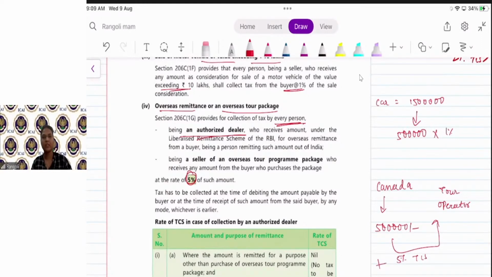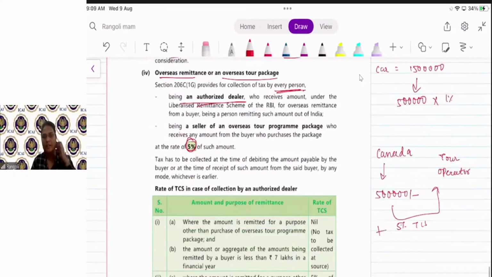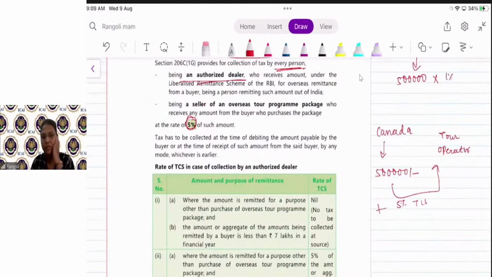And another is, say for example, if you want to remit any amount outside India, say you want to remit 10 lakh rupees to USA, so you need to purchase USD, right? In that case, at the time of conversion from Indian currency to USD for remittance outside India, the authorized dealer will collect TCS at the rate of 5%.